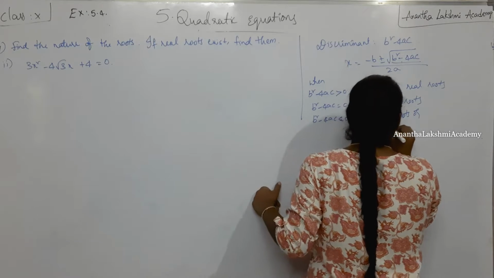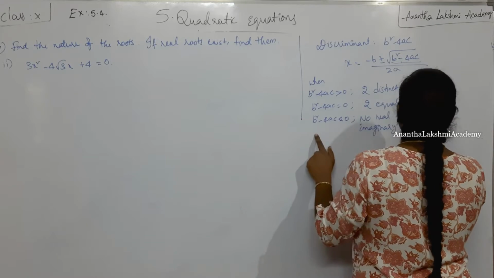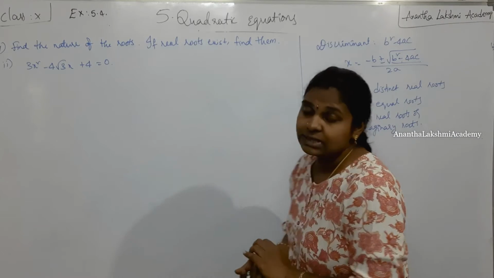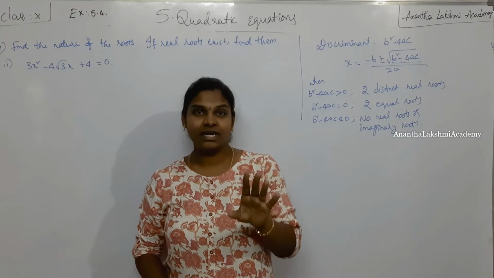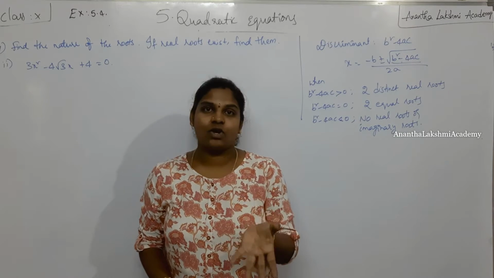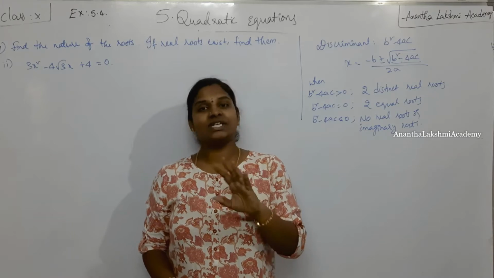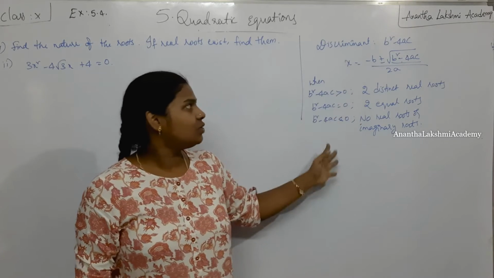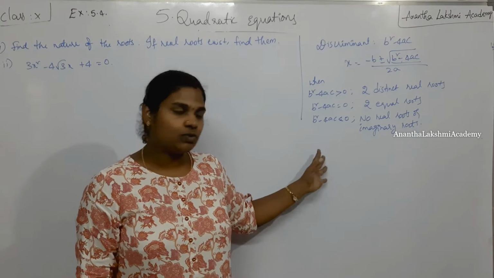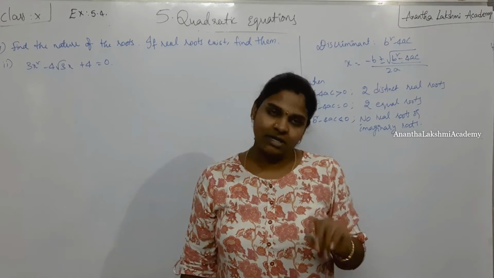Depending upon this concept of b square minus 4ac less than 0, we also discussed problem number 13 of exercise 5.3, wherein we figured out that there cannot be any polygon with 50 diagonals, isn't it? That is what we did. So I have given you a quick recap of the nature of the roots depending upon the discriminant value.